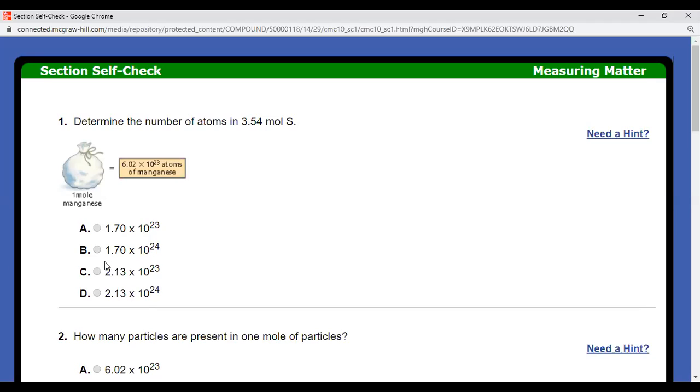Okay, we will choose any answer like this, but you can review it again. But make it multiplying 3.54 times 6.02 times 10 power 23.